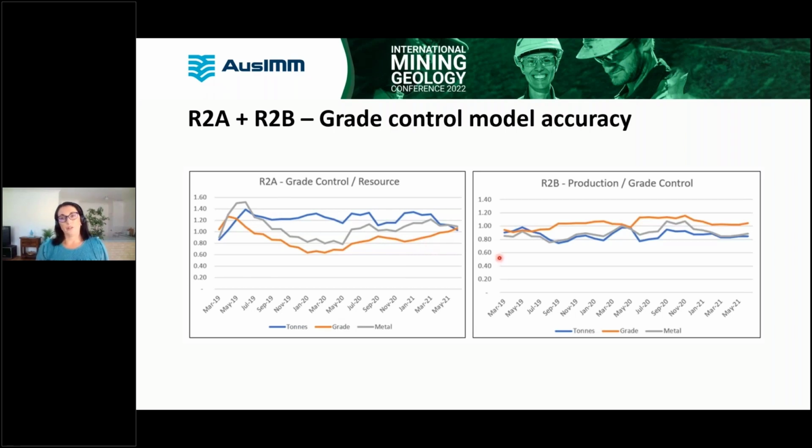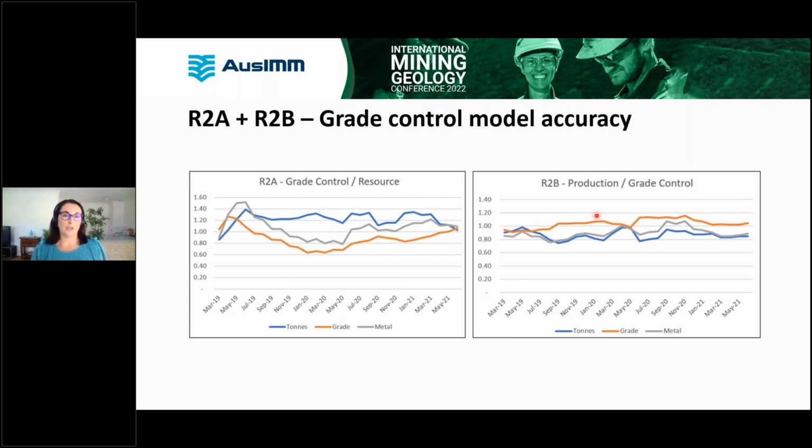On the contrary, the R2B, so now we're looking at the grade control model to the mine production, they're consistently producing lower tons and a higher grade than the grade control model. And this is indicative of conservative mining practices to maintain the grade with an avoidance of excess dilution, planned or otherwise.